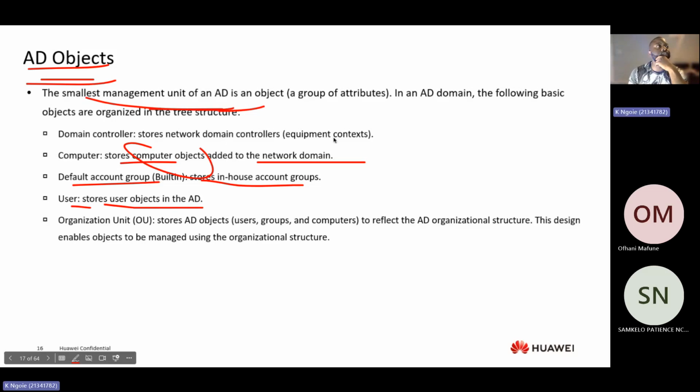In terms of accounts, we have administrators, who have full control of the domain itself, then you have users, who have standard user access, and then you have backup operators, the users that have the rights to back up or restore files.